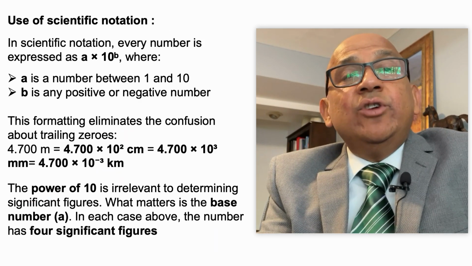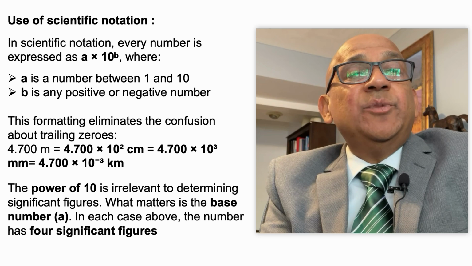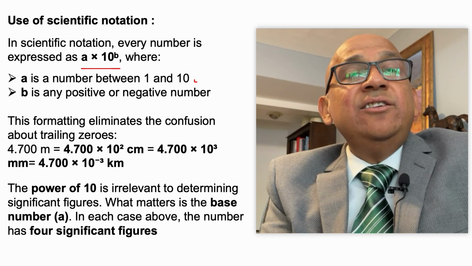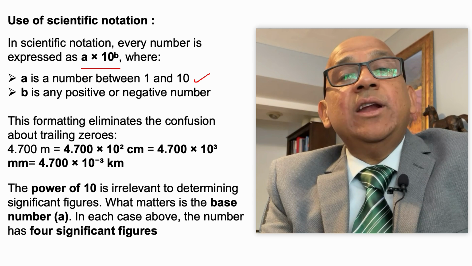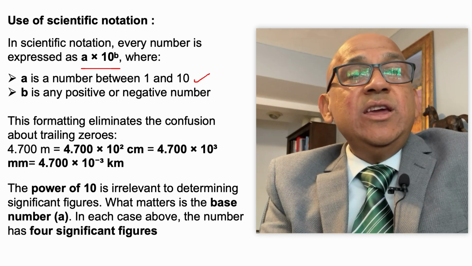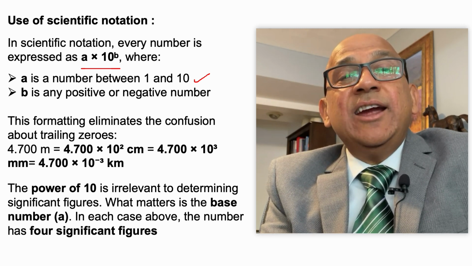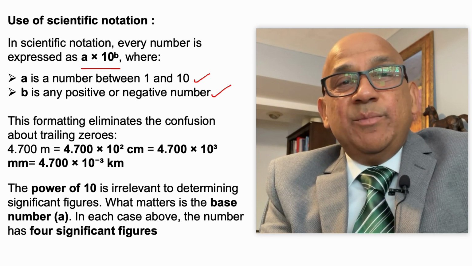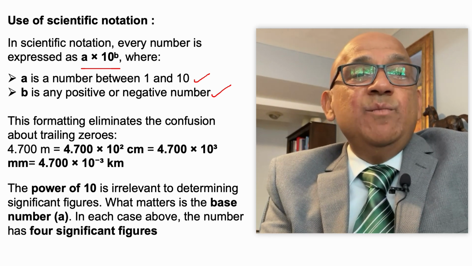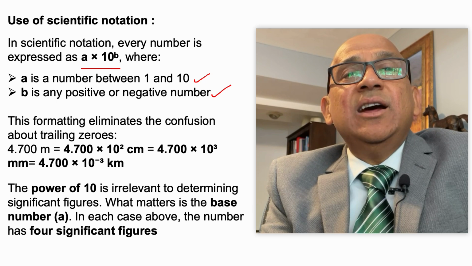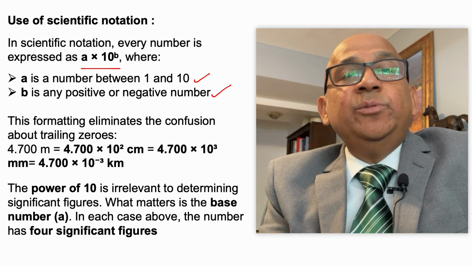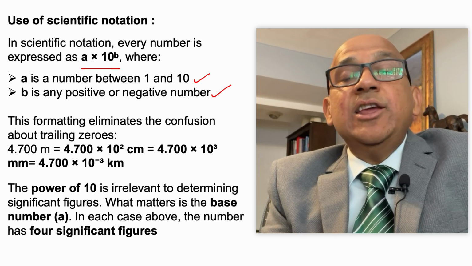In scientific notation, every number is expressed as a times 10 to the power b, where a is a number between 1 and 10, while b is a positive or negative number. This formatting removes the confusion about trailing zeros.